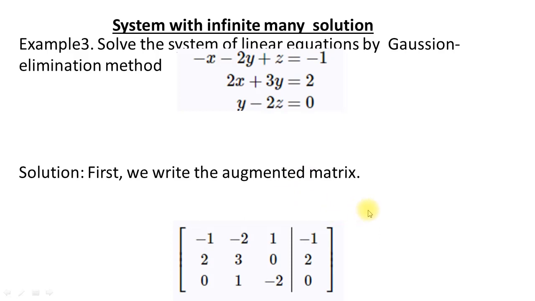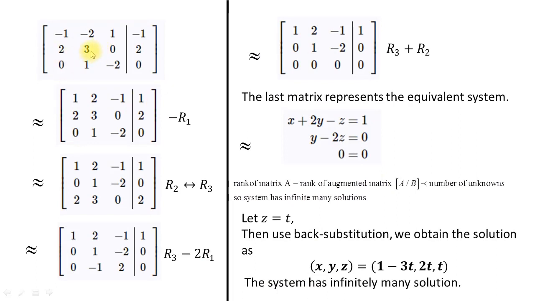Now perform row operations to convert this augmented matrix to echelon form. First of all, multiplying the first row by minus 1, we obtain 1 2 minus 1 1. The first entry is 1. In this main diagonal we need 1s for the echelon form.